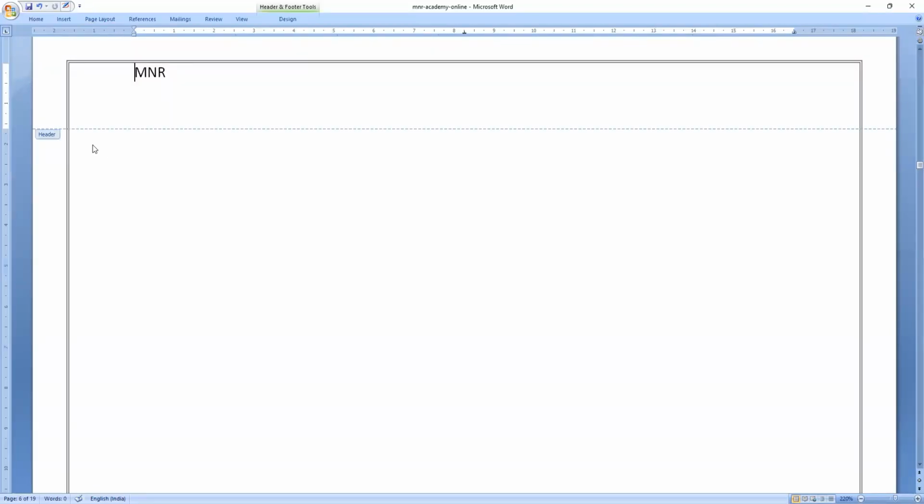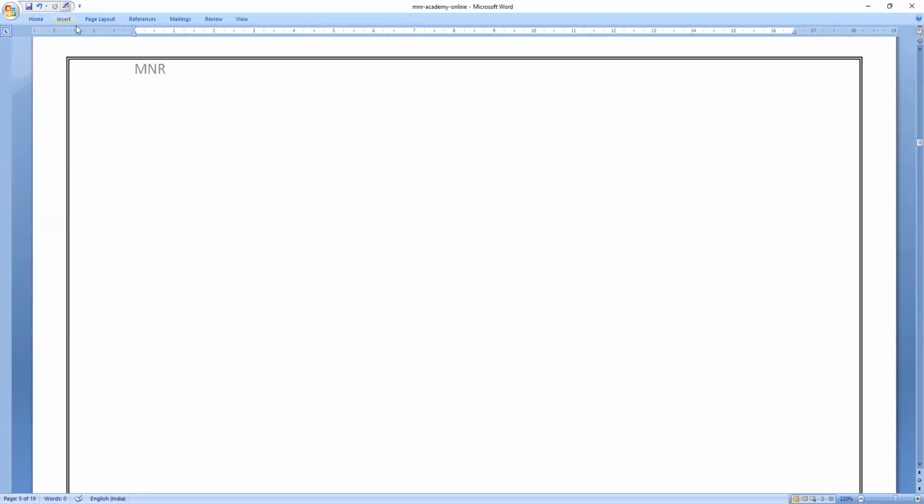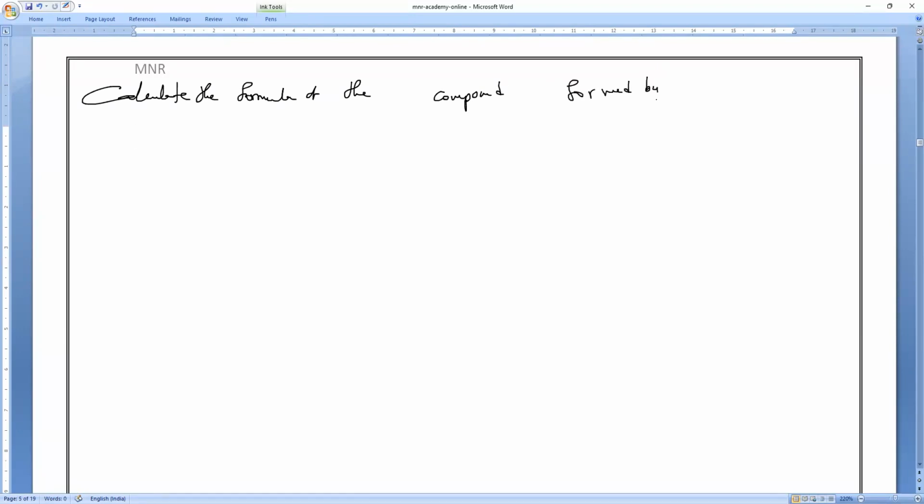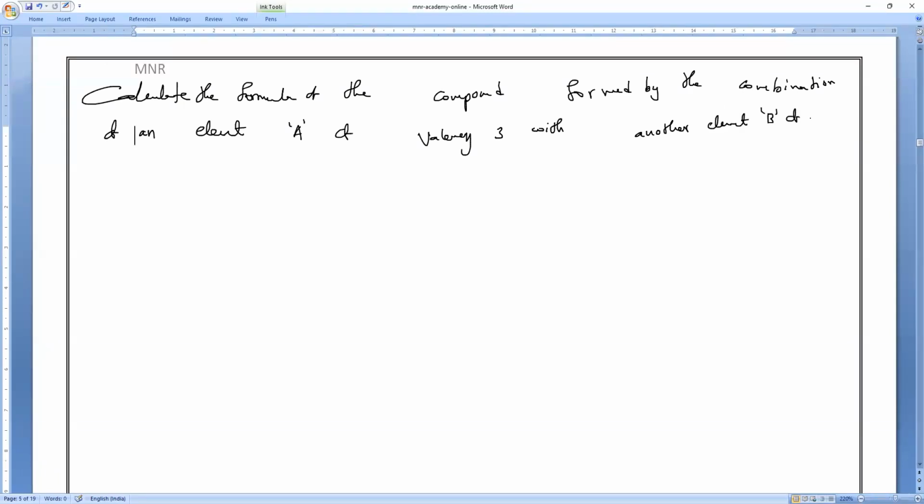Calculate the formula of the compound formed by the combination of an element A of valency 3 with another element B of valency 2.